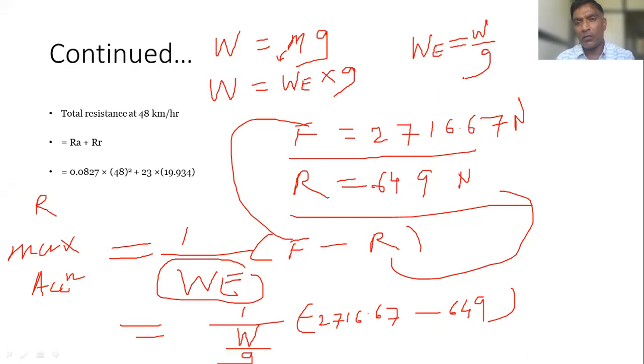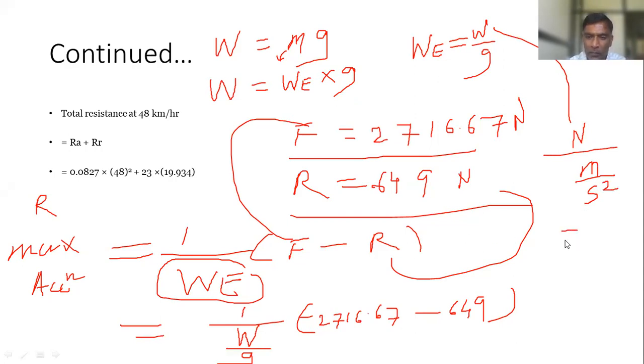Is it clear now? Yes, sir. So this is in Newton. Remember the units. Though it is simple Newton, and here it is meter per second square. And finally we are going to get the value in kg, as we need to have this weight in Newton and G in meter per second square.